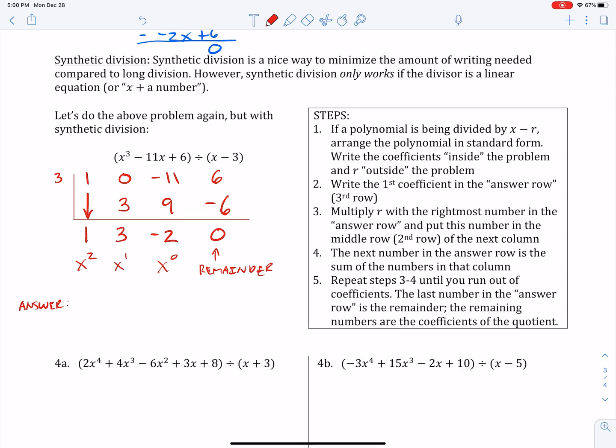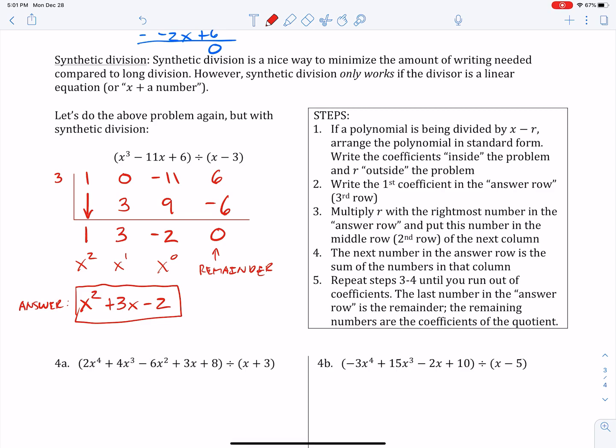Since I have 1x squared, that's just x squared, plus 3x minus 2. I have a remainder of 0, so I don't need to write my remainder over my divisor. So that is just my answer.